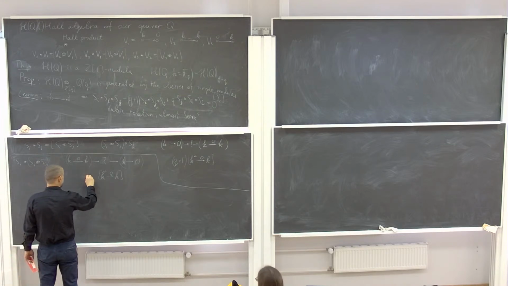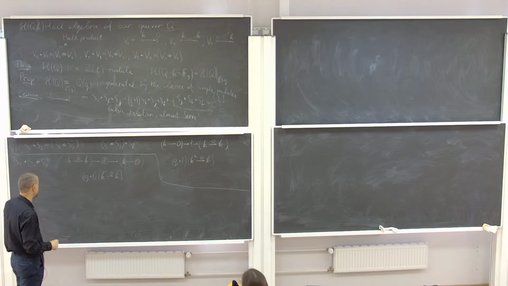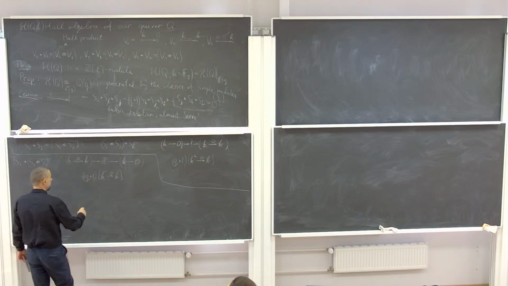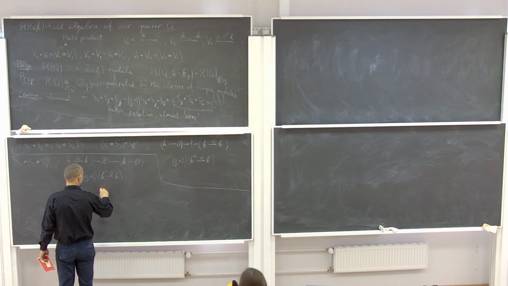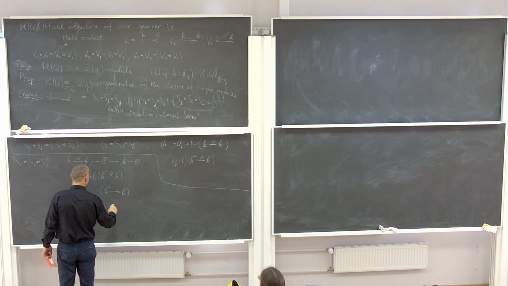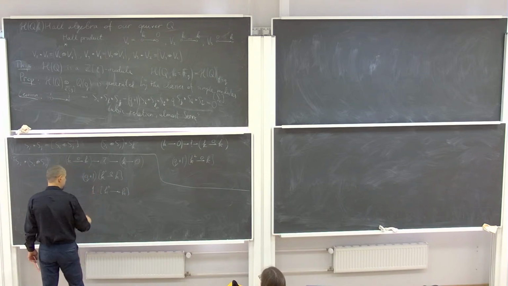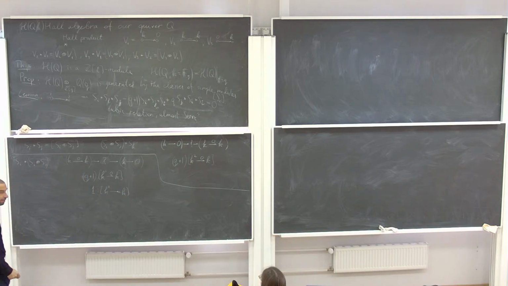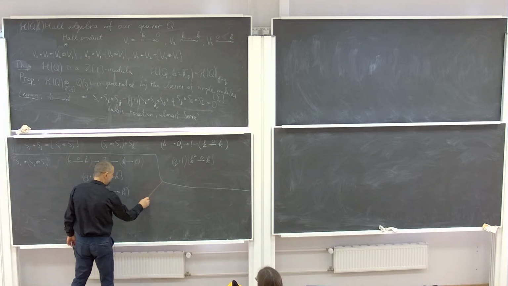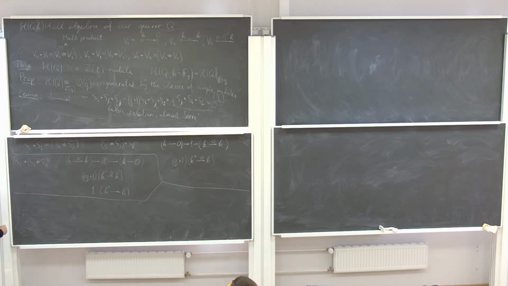Again, q plus 1, right? And also, k squared goes onto k with coefficient 1. Right? And finally, what do we want to compute?